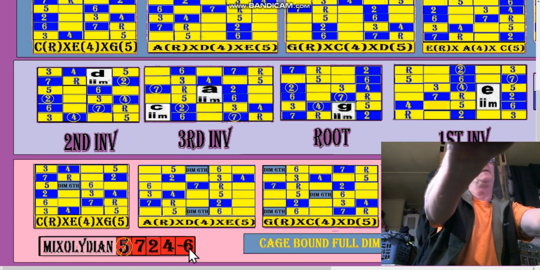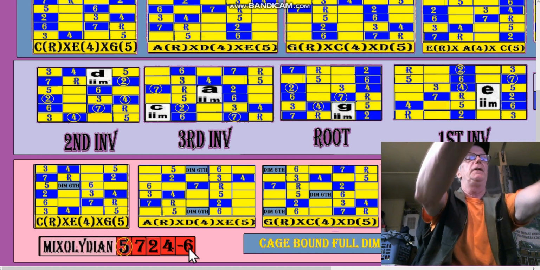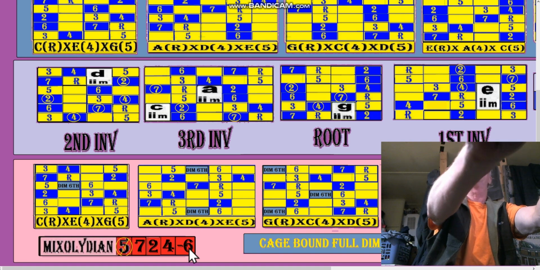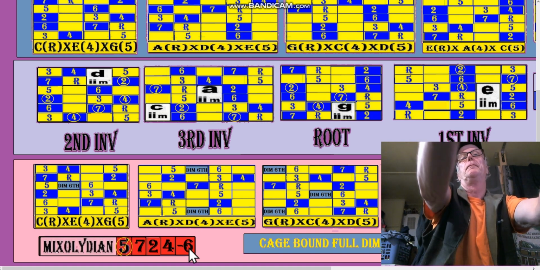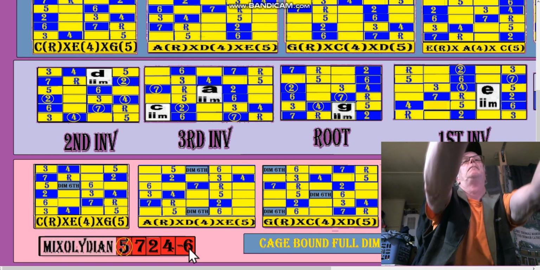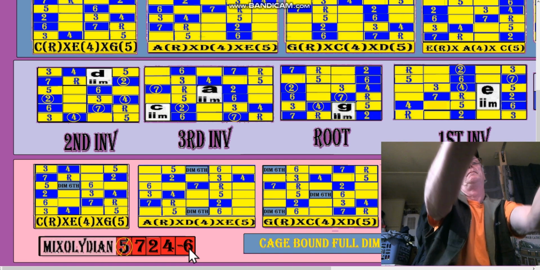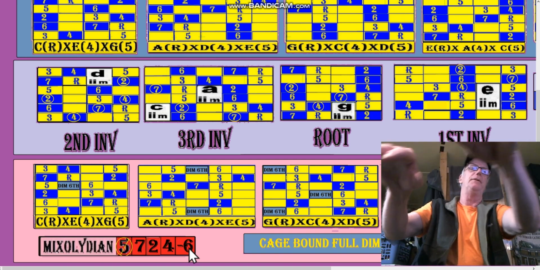So now that would be the full diminished 7th. A lot of times I'll do these things, and I don't know which diminished I'm hitting.